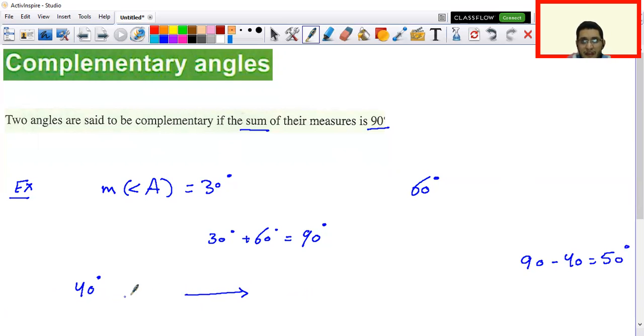Then the complementary angle of 40 degrees is 50 degrees. This is the second concept, the complementary angles. Two angles are said to be complementary if the sum of their measures is 90 degrees.